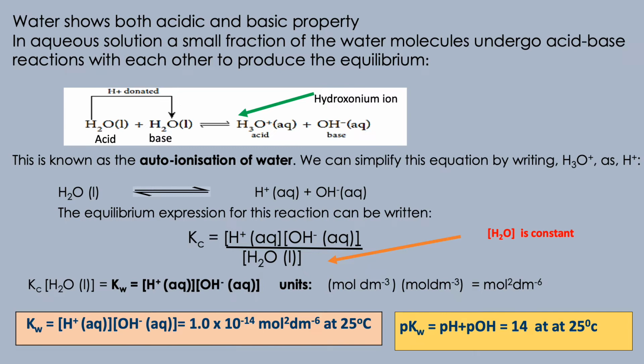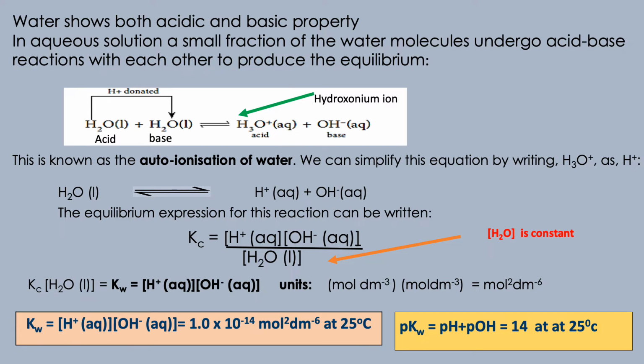Let's calculate the unit. The concentration of H+ ion has a unit of moles per decimeter cube, and the concentration of OH- also has a unit of moles per decimeter cube. When we combine them together, the unit is mol^2 dm^-6.